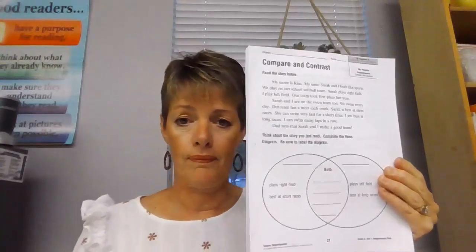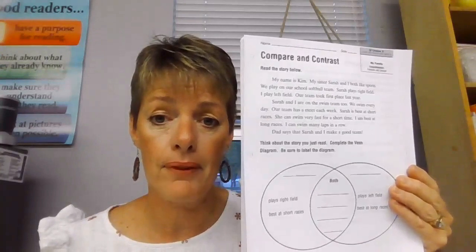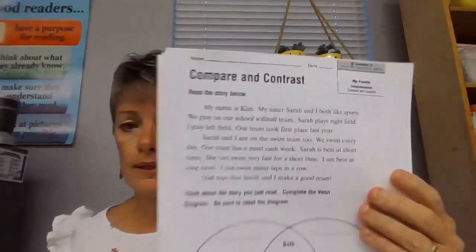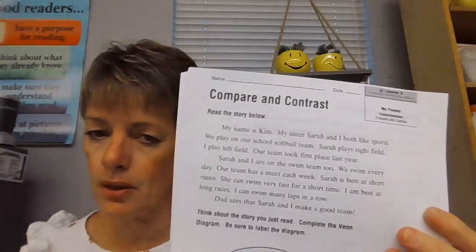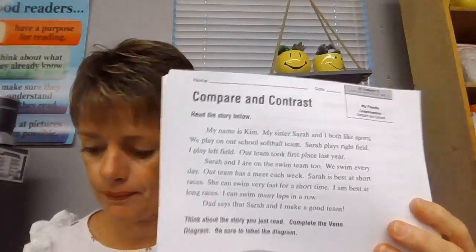The rest of you, we are going to read what it says at the top of this paper. It says compare and contrast, okay? And it says, my name is Kim. I hope you're following along. Get those fingers on those words because I'm not reading this for you if you're not going to follow.